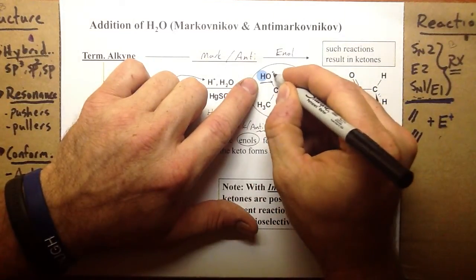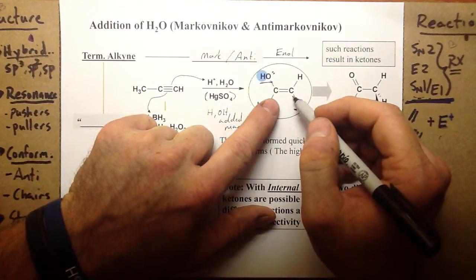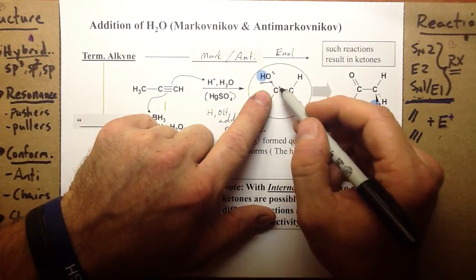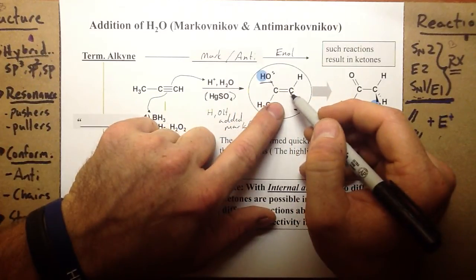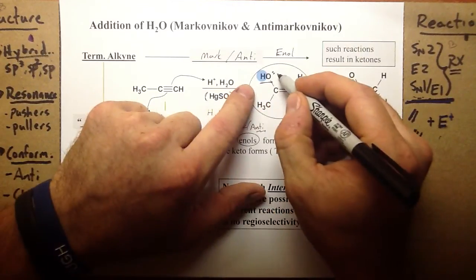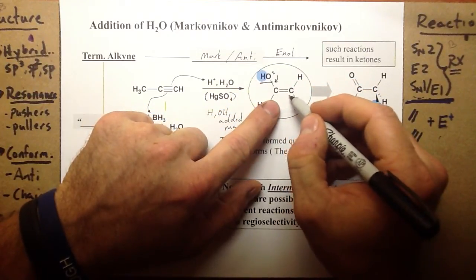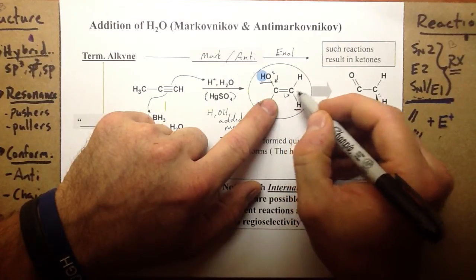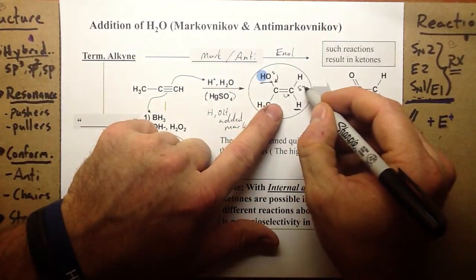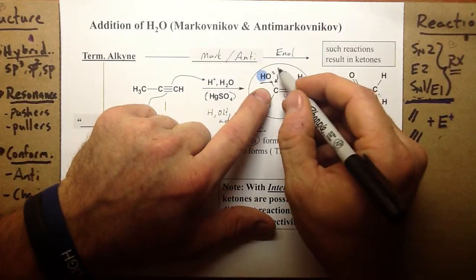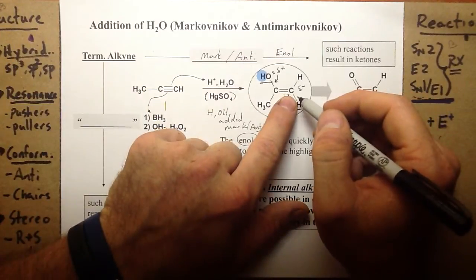Where does it move? Well, the way to capture where it moves is to draw a resonance form for this structure. The oxygen is a pusher. It donates some of its lone pair electron density into the pi bond. So we could draw that by going lone pair to pi, pi to lone pair. As we consider that resonance form behind this major neutral resonance form, we'd say we have a partially positive oxygen and a partially negative carbon.